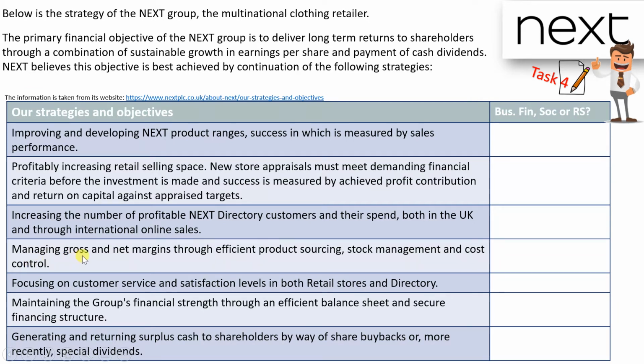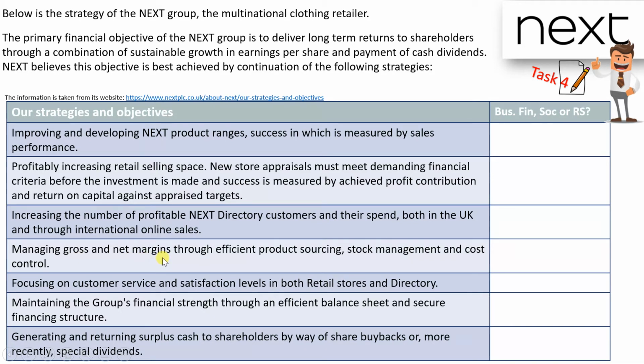Objective number 4, managing gross and net margins. What this means is the profit that's made before the costs are deducted, that's gross, and the net margins are after the costs.